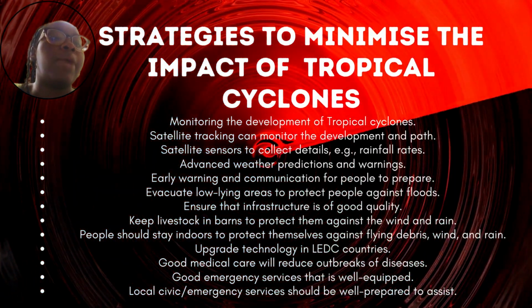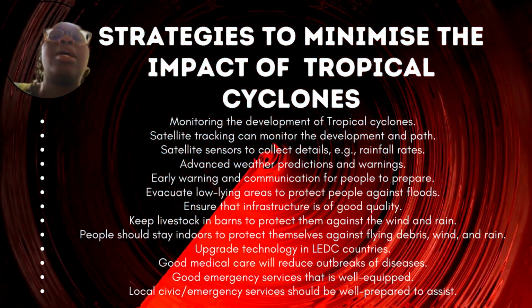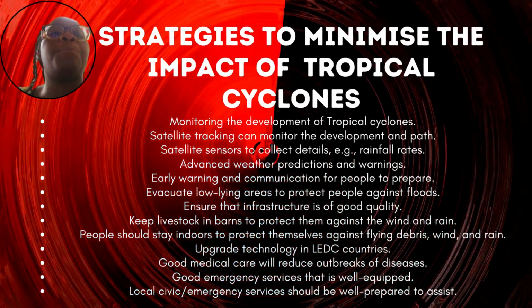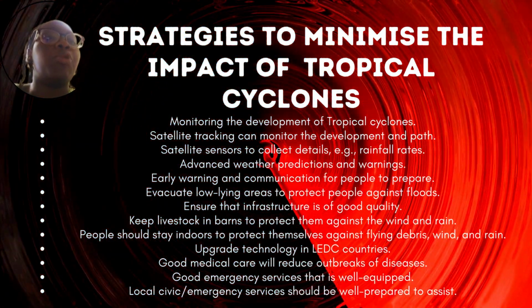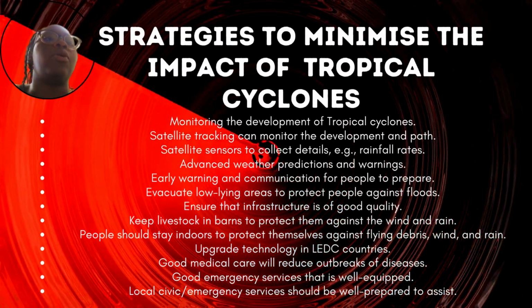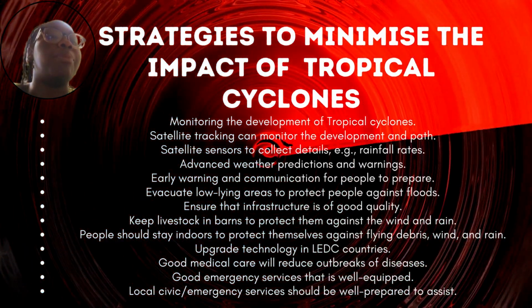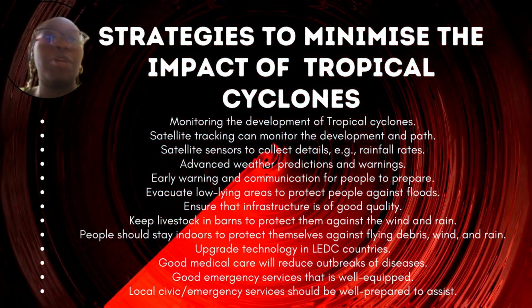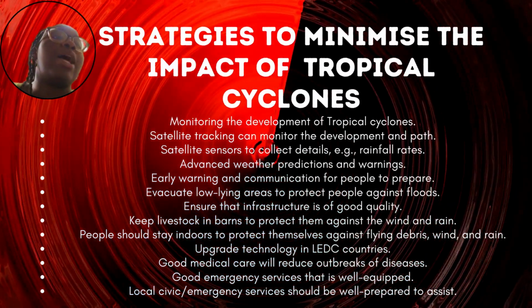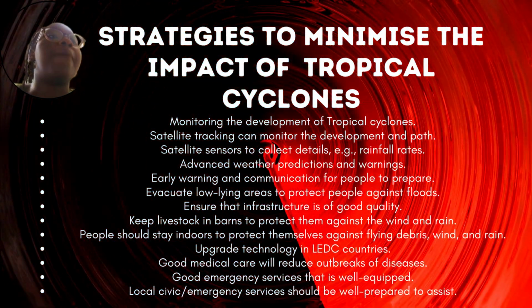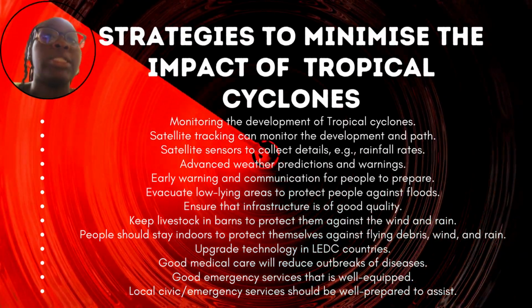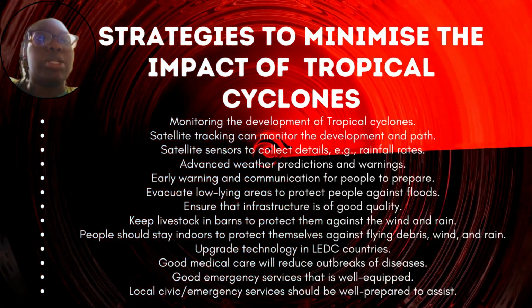Good medical care will reduce outbreaks of diseases. Medical emergency services should be well equipped, and lastly, local civic or emergency services should be well prepared to assist. So everyone just needs to brace themselves, be warned ahead of time and protect themselves beforehand. But there's no avoiding the storm once it comes, right?